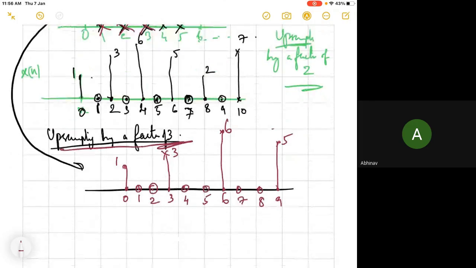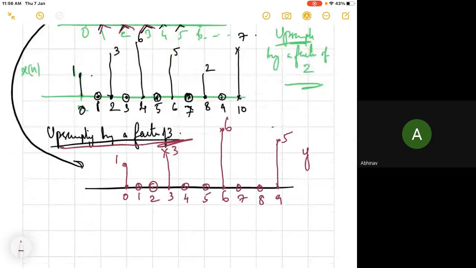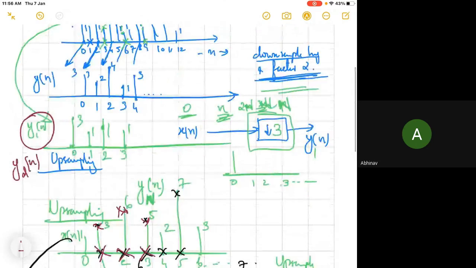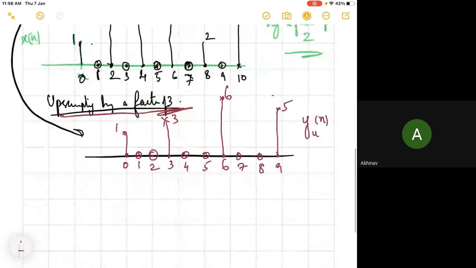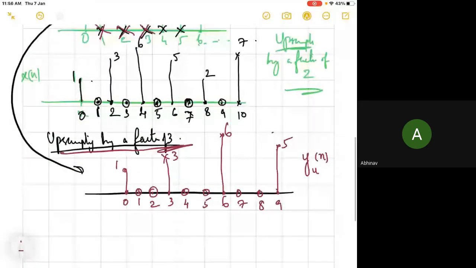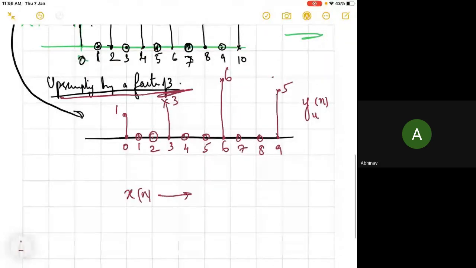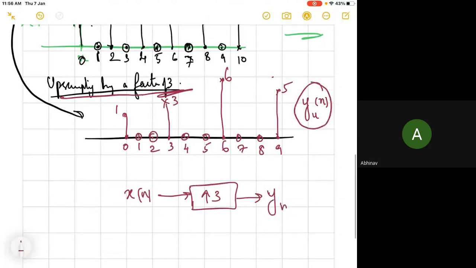So if I represent this, for upsampling I write y_u[n]. Probably rather than y_1[n], y_d[n] will be better for representing the downsampled version. So if this is y_u[n], this is upsampled by a factor of 3. If the signal is x[n] and upsampling by a factor of 3 is done, then you get this y_u[n], the upsampled version.